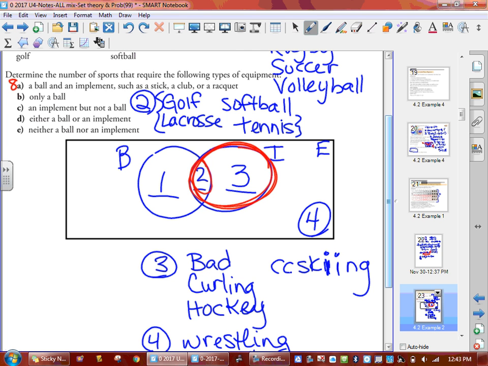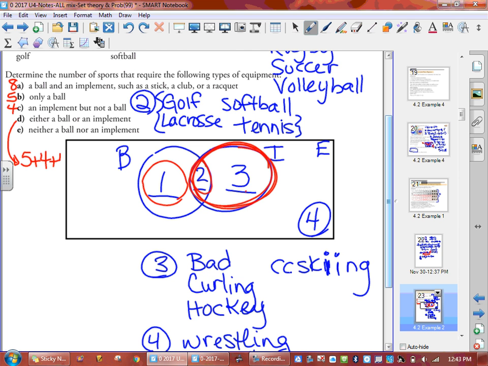D says either ball or implement. So for letter D, you've got to add each of the spots in the circles. So you're going to take 5 plus 4 plus 4 to get a total of 13. Letter E, that's talking about your outliers, and that means nothing that's in the circles, and there's 3 of them that are outliers. So for E, you would have an answer of 3.